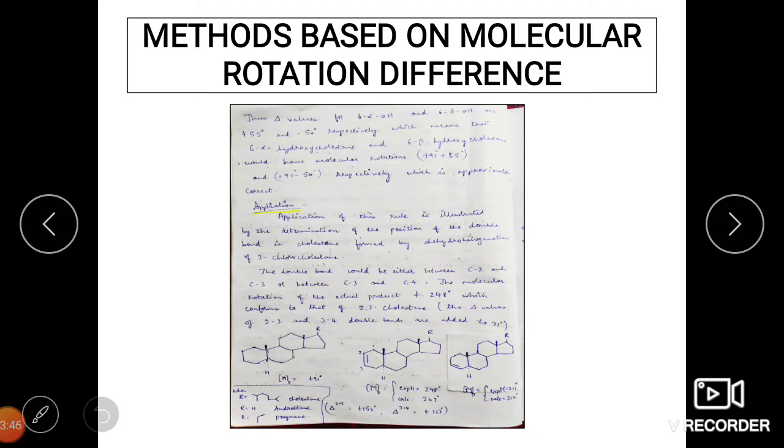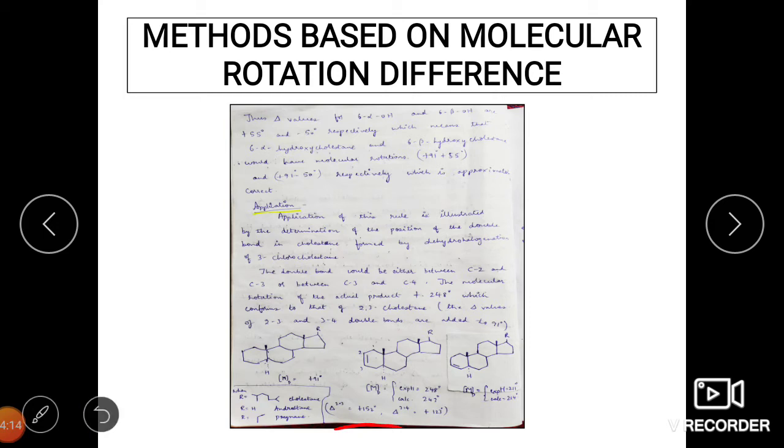Once we do that mathematical representation, we can observe that +248 minus 152 gives us +91, in other words the parent cholesterol, the parent steroid, molecular rotation value is +91, and the delta value of a double bond between 2 and 3 is 152.